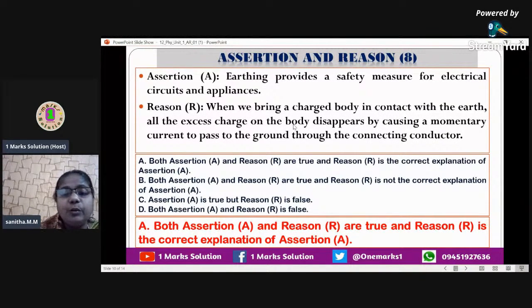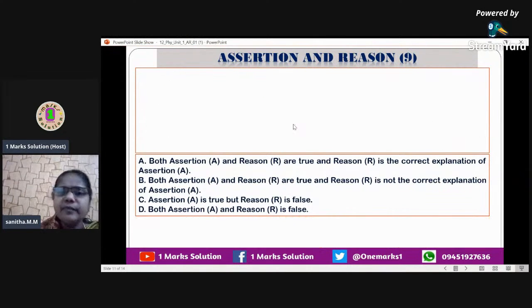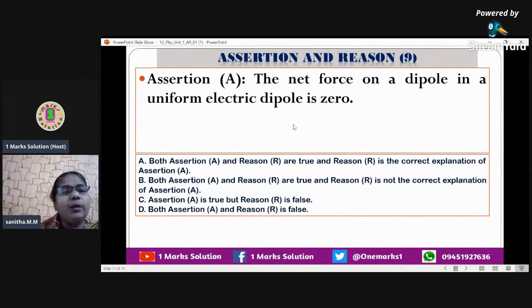So for safety, we are putting the earthing. You know the 3-pin plug: the third pin is for earthing. Excess charge will flow to the ground, and earth is ready to accept all the charges. So here the reason is the correct explanation for the assertion. The option is A. Now we'll go for the ninth one.